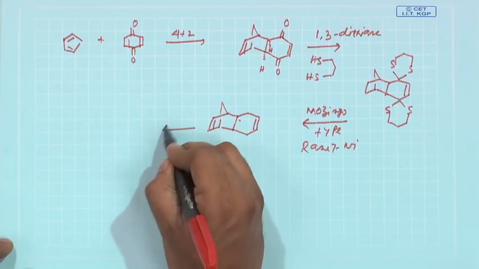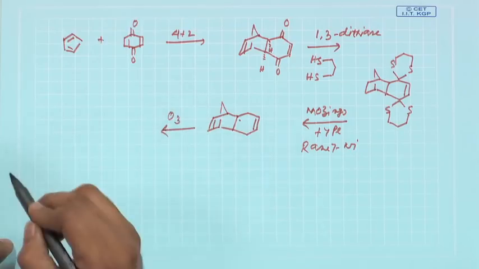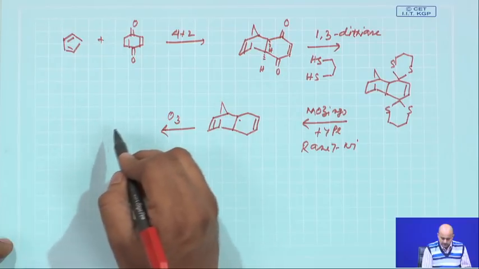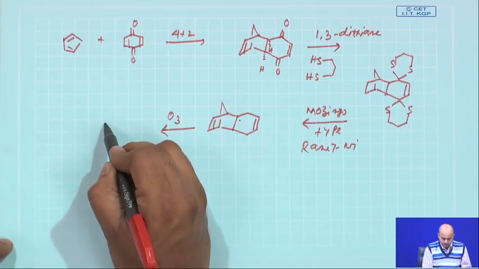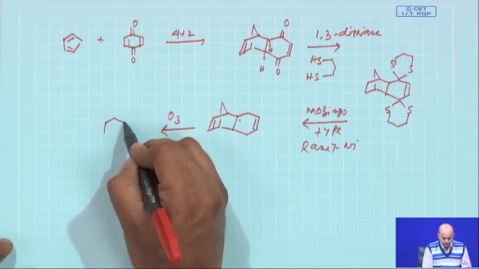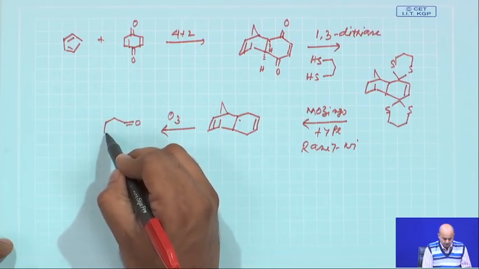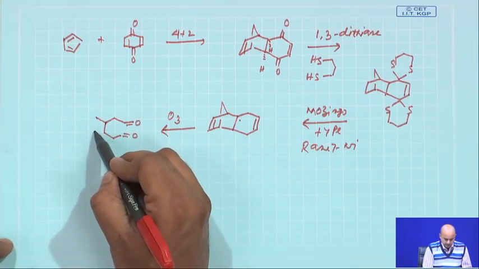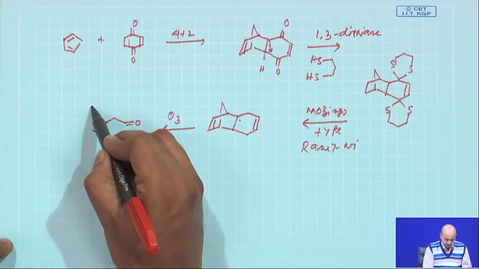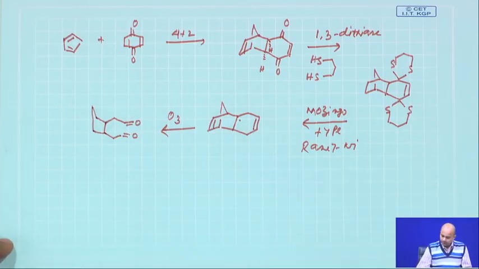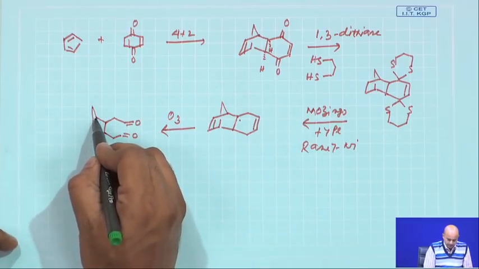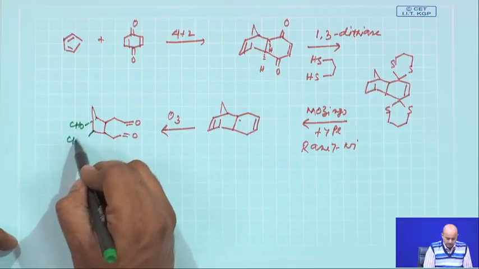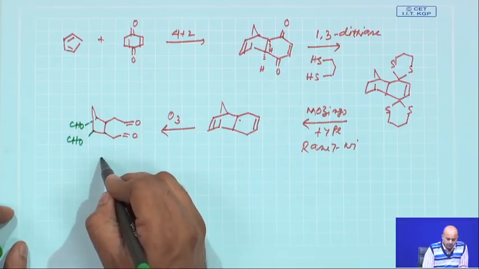So, now do the ozonolysis, and if you do the ozonolysis now, I will write the compound in a different way. I will write it double bond O, okay. Then this is the core cyclopentane, and from here you basically get one aldehyde and another aldehyde.